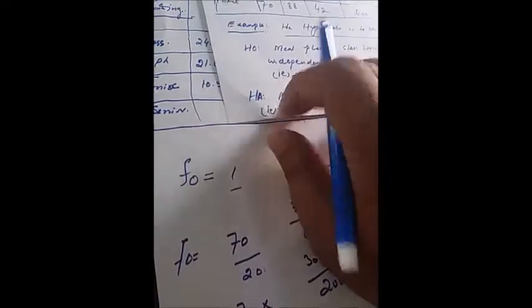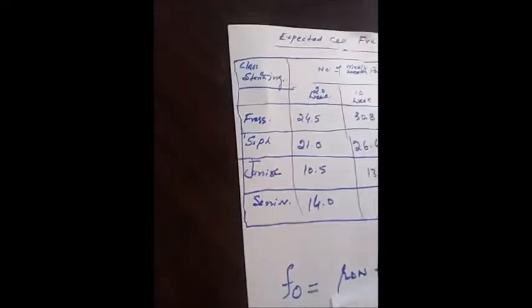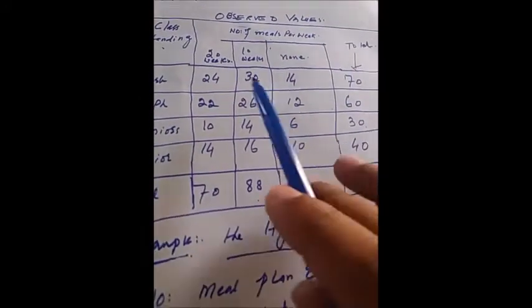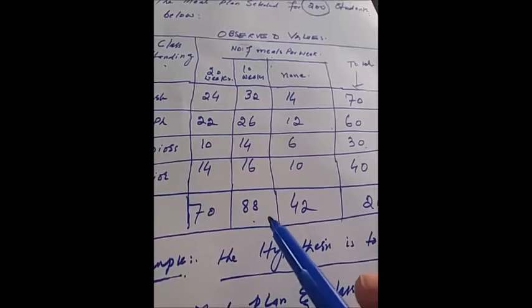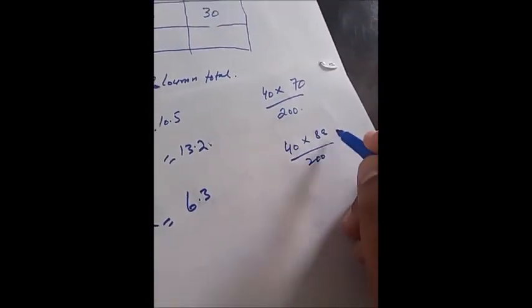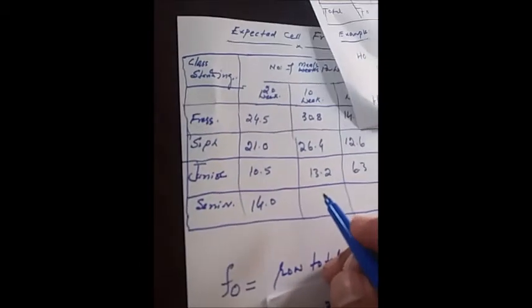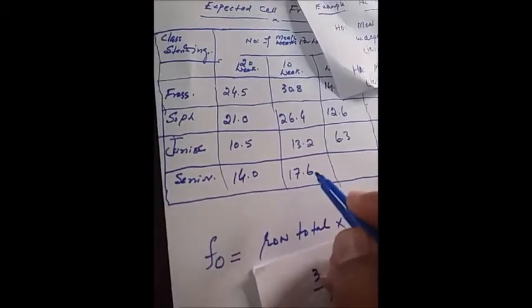This will be 14.0 for expected values. And with the same method, for 10 weeks, 40 multiply 88 divided by 200. These values will be 17.6. So we obtained the expected value 17.6.